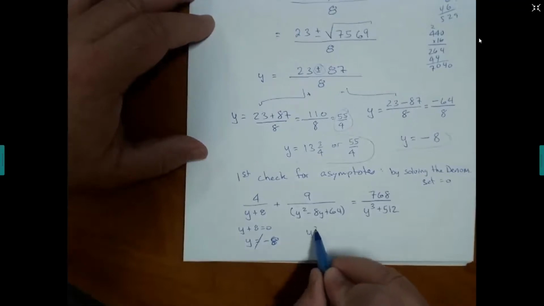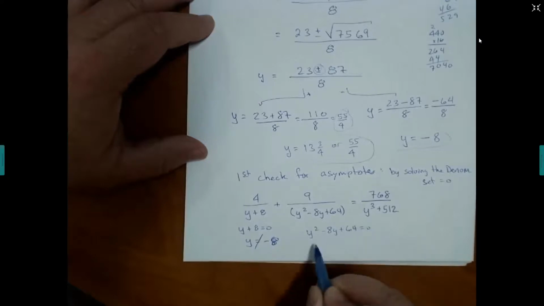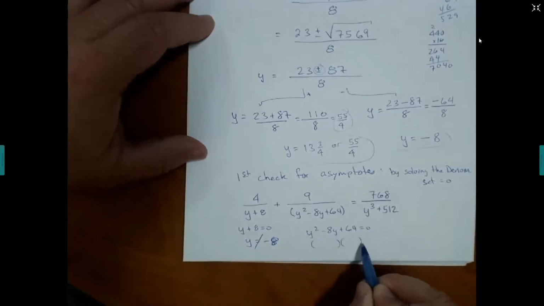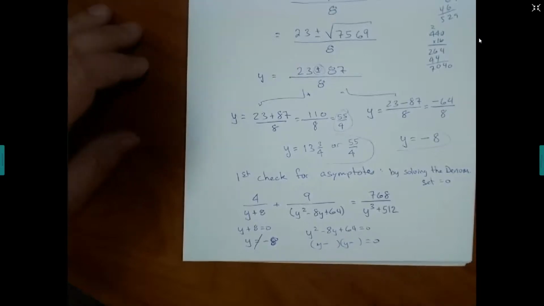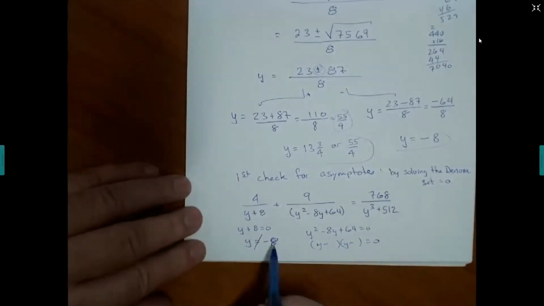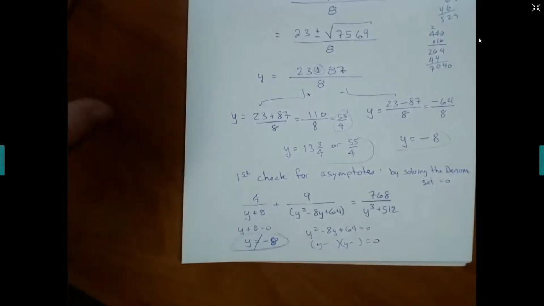And then the second one, y and y, second sign's a plus, so they're both negative. What times what? 64. When you add them, you get 8. There's nothing. So the only asymptote we have is y cannot equal -8.